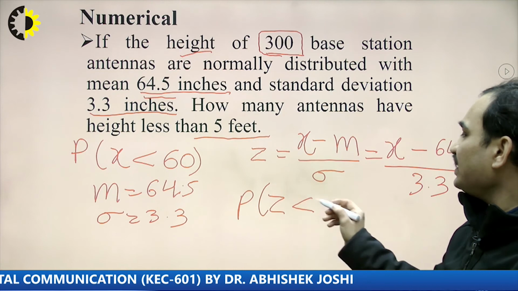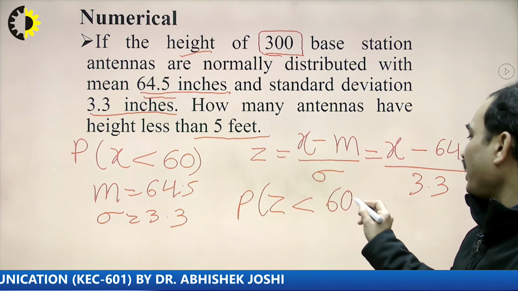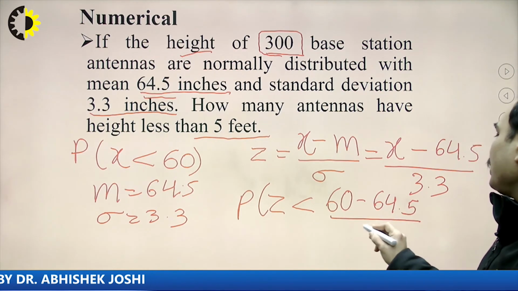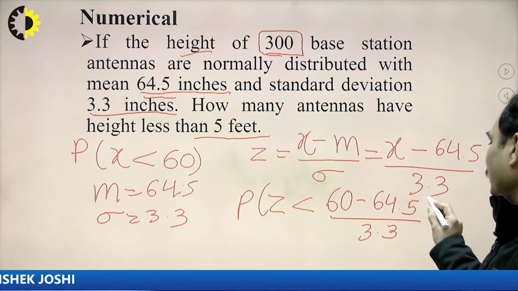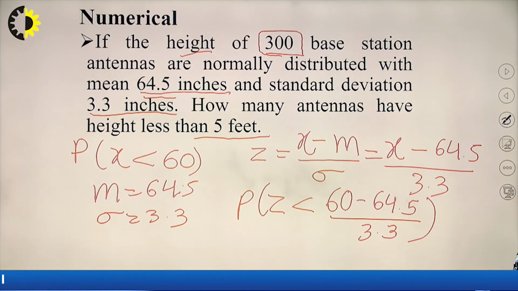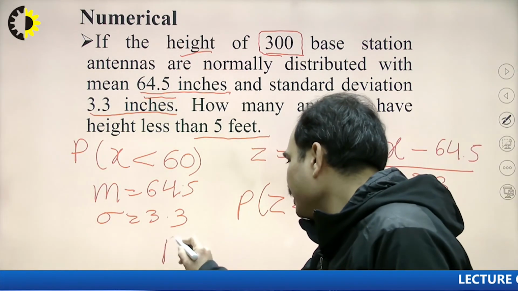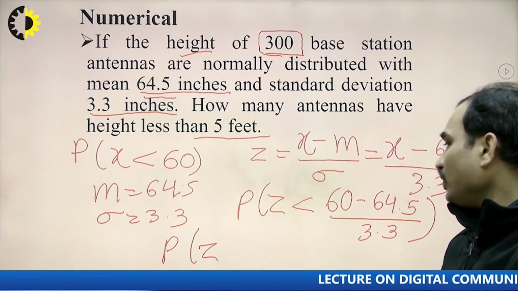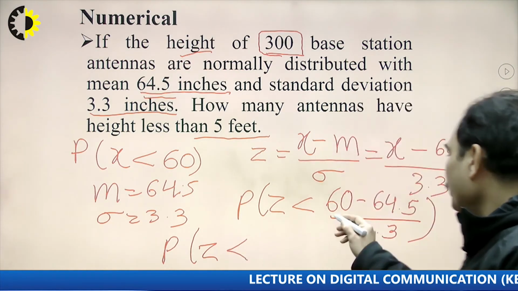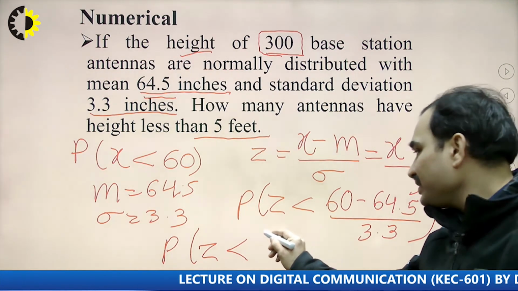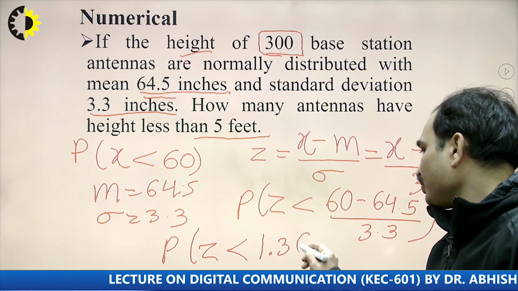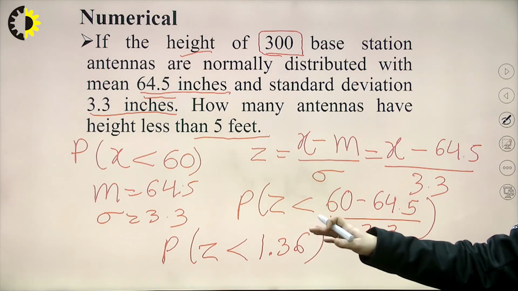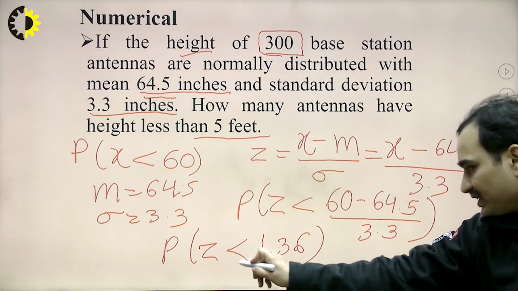The value of x here is 60, so that is 60 minus 64.5 divided by 3.3. We have to find the probability for z, the variable we have denoted as z. You can use t, z, whatever variable you want, less than this value. If you solve it, you get 1.36. So we have to find the probability that z is less than 1.36.